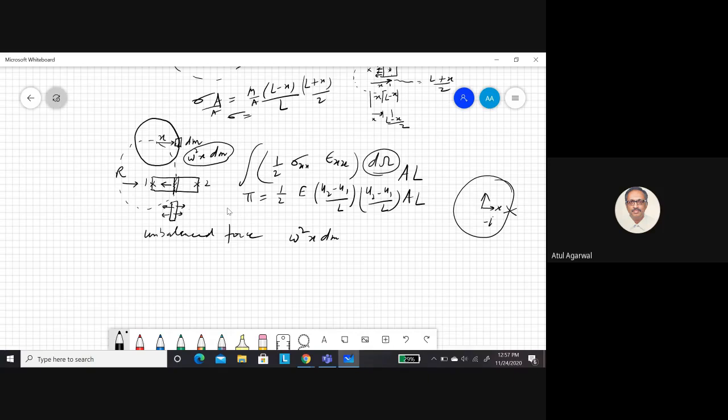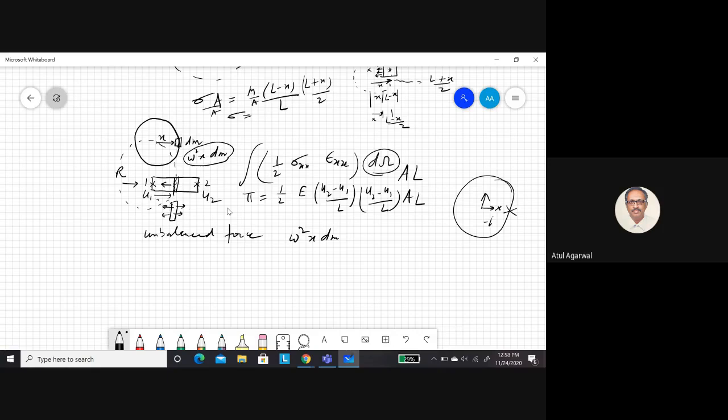Now, what is the displacement of this element? Can you find the displacement of this element? Suppose I am giving you u1, the displacement of this node is u1, this is u2.